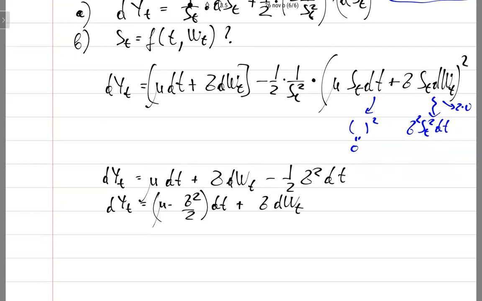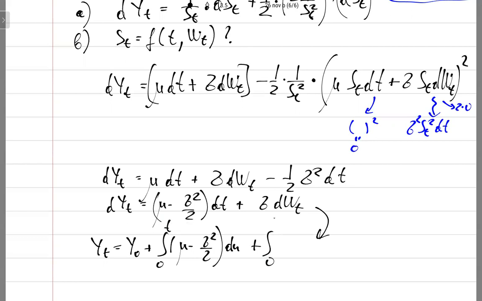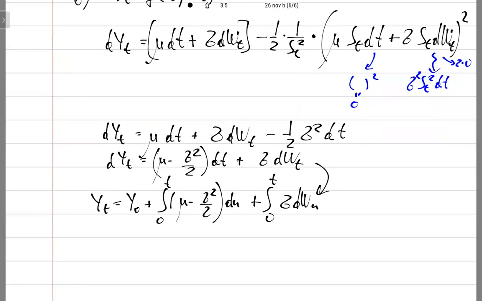This is nonsense by itself, it has no meaning, but we can recover the full form. Yt is Y0 plus the ordinary old Riemann integral of mu minus sigma squared over 2 du, plus the stochastic integral from 0 to t of sigma dwu.